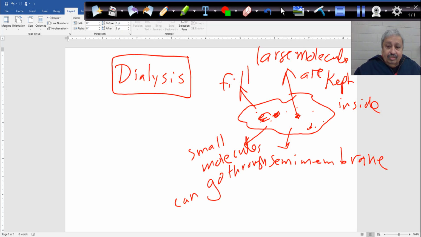Okay, so they are kept inside, and we are moving this one out. The small ions, small molecules, they can go through. H2O, if we have H2O, H2O can go in, go out. But if we have larger molecules or objects, they will be trapped inside this semi-permeable membrane.